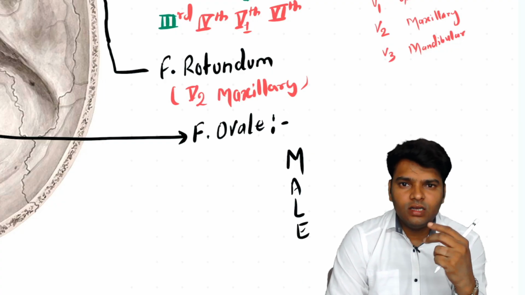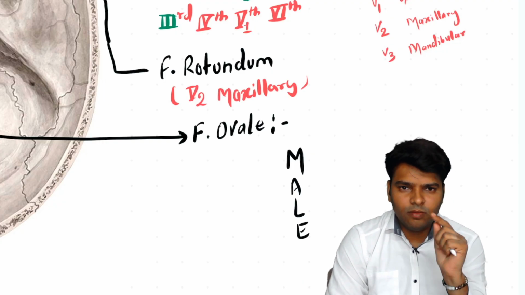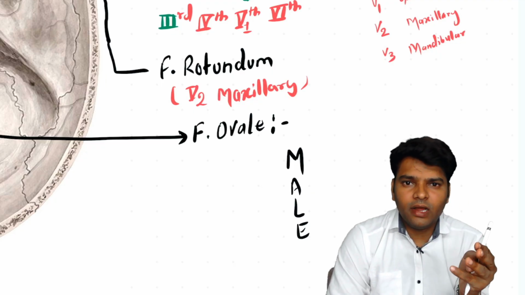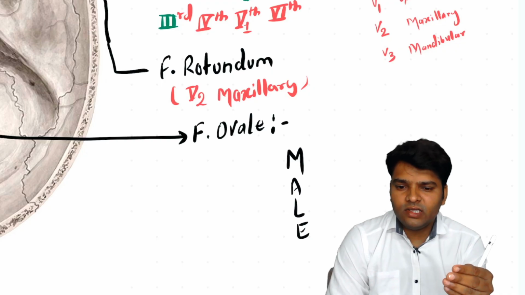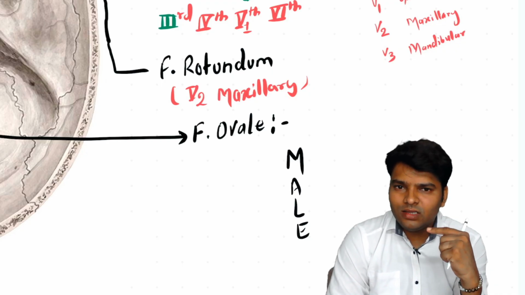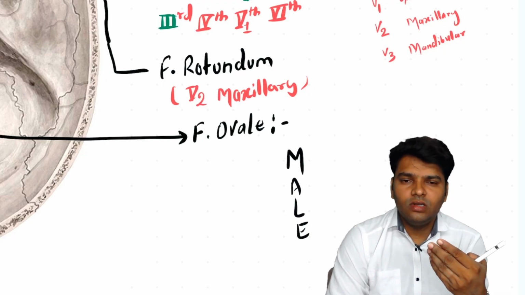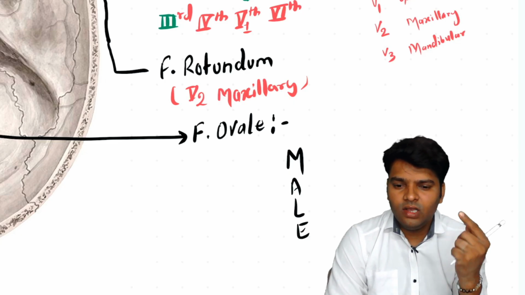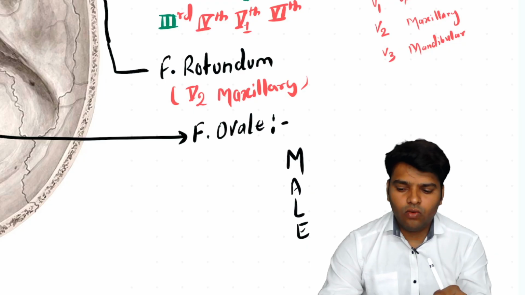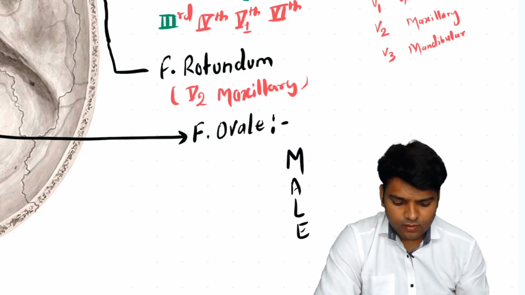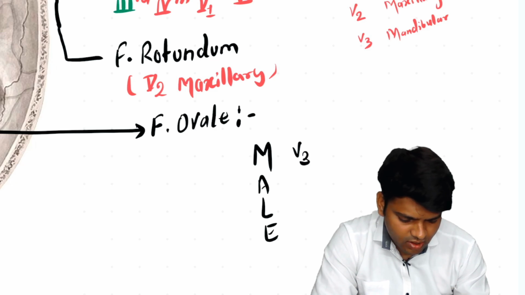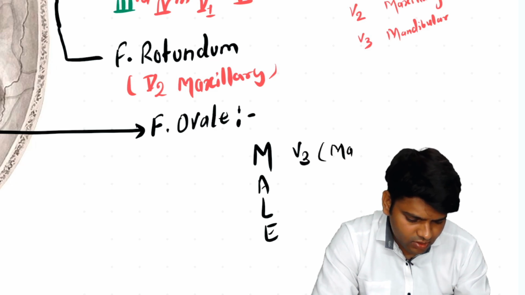V2, the second branch, passes through the foramen rotundum. And the third branch of the trigeminal nerve passes through the foramen ovale, which is called the mandibular branch. V3 means the mandibular branch.